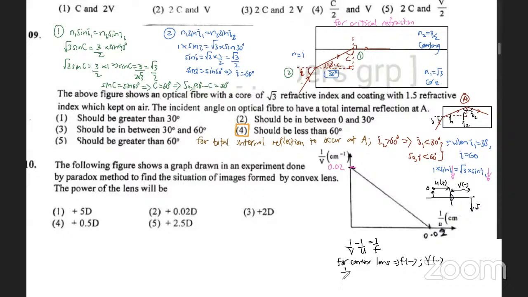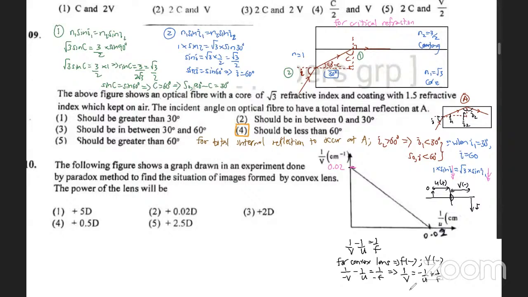So 1 over minus V minus 1 over U equal to 1 over minus F, sorry. If you rearrange this equation, you will end up with 1 over V equal to minus 1 over U plus 1 over F.